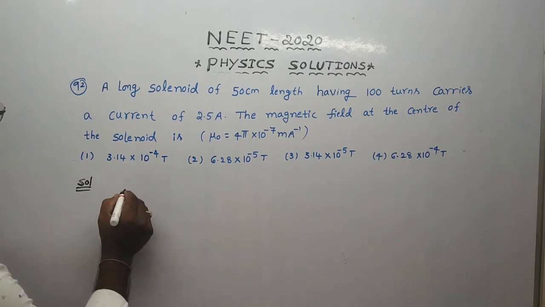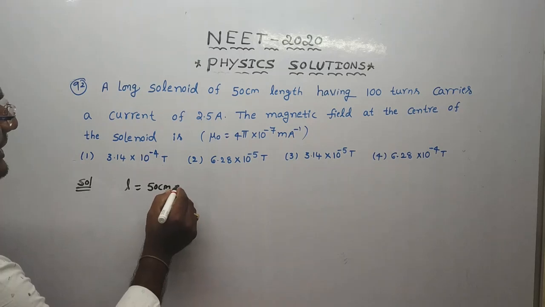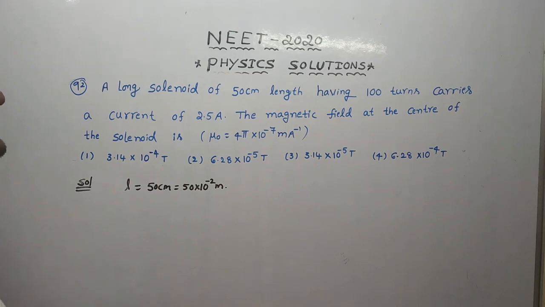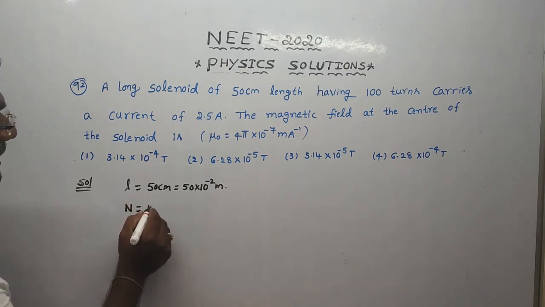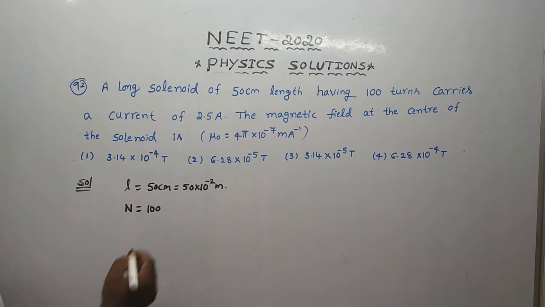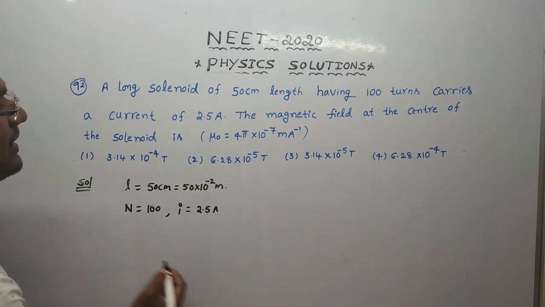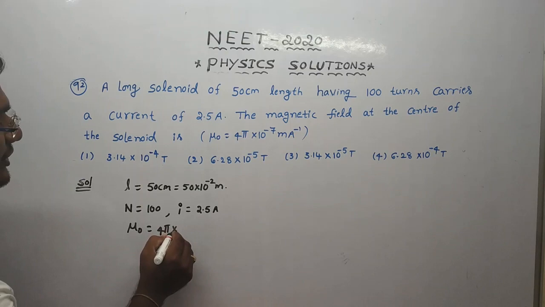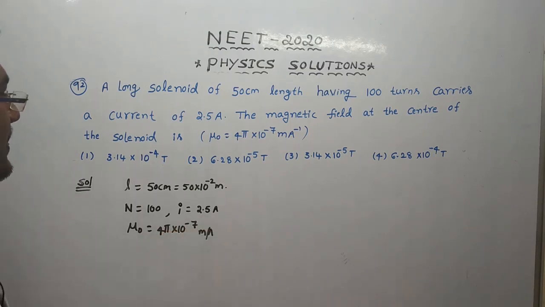Given that length of the solenoid equal to 50 centimeters, that equals 50 into 10 power minus 2 meters, and also total number of turns in the solenoid is N equal to 100 turns. The current I equal to 2.5 amperes. Permeability of the free space equal to 4 pi into 10 to the power of minus 7 tesla meter per ampere.